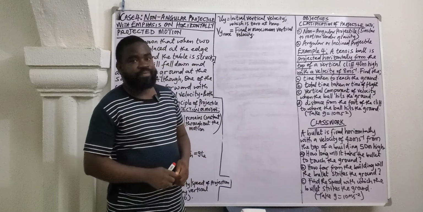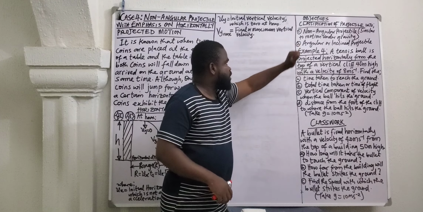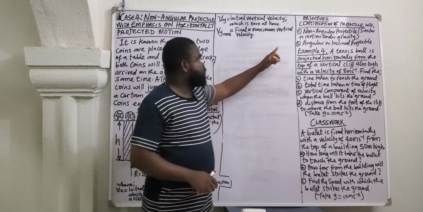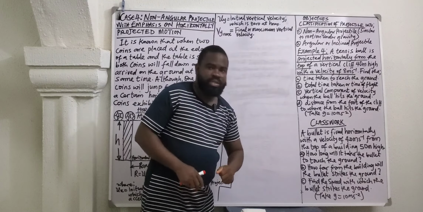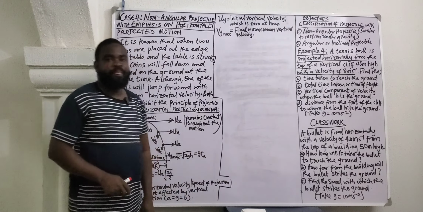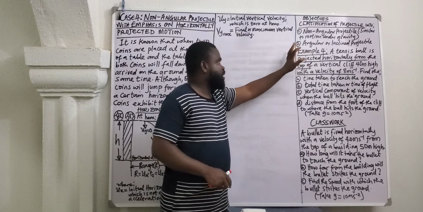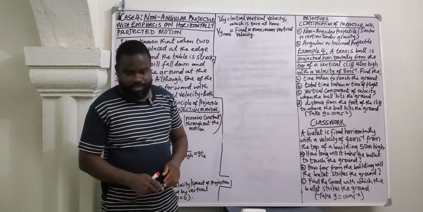In our class today, we'll continue our discussion on projectile. Today, we'll look at the classification of projectile into non-angular projectile and angular or inclined projectile. Now, this non-angular projectile is similar to motion under gravity.